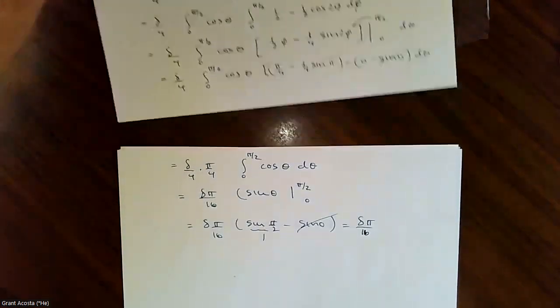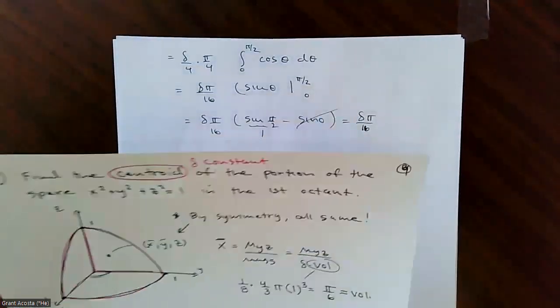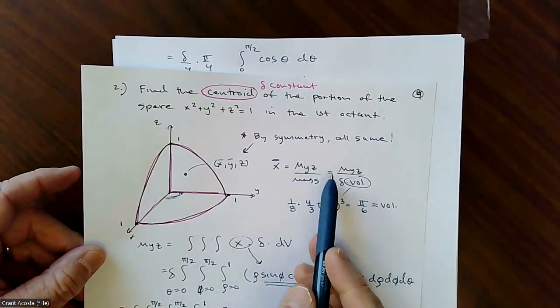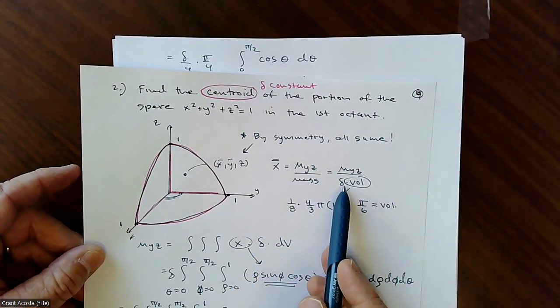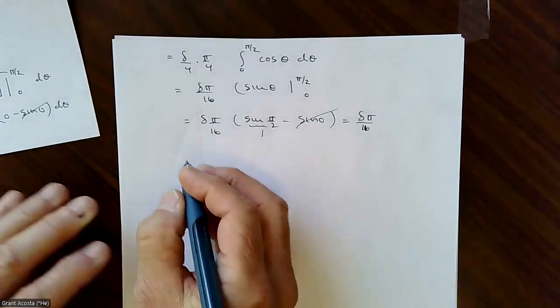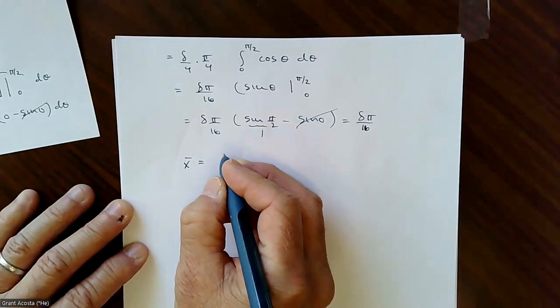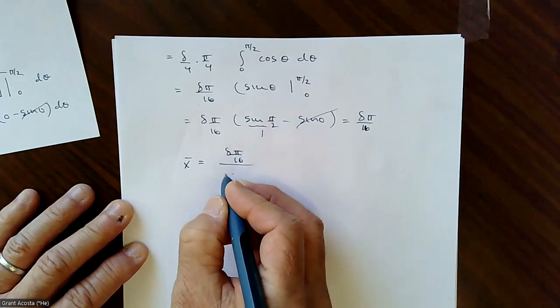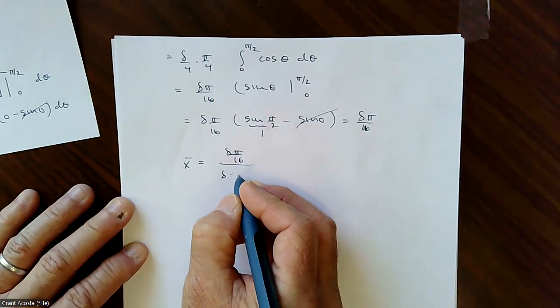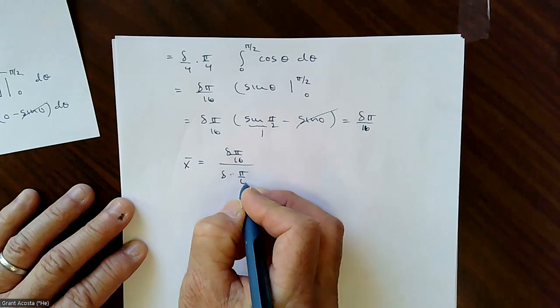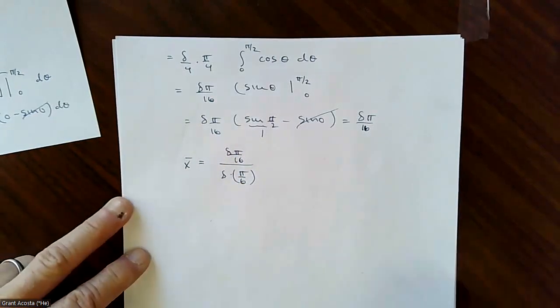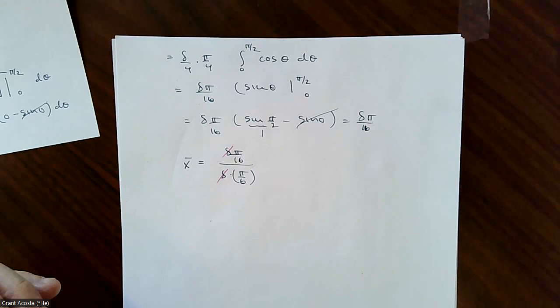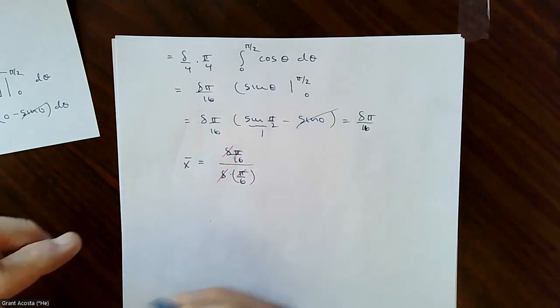So putting that all together, remember x bar was the moment about the yz-plane over delta times the volume. So x bar will be delta pi over 16 divided by delta times the volume, which we came up with as pi over 6. Those cancel, actually the pi's cancel too.